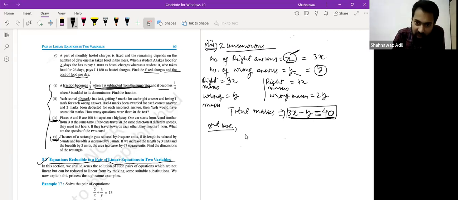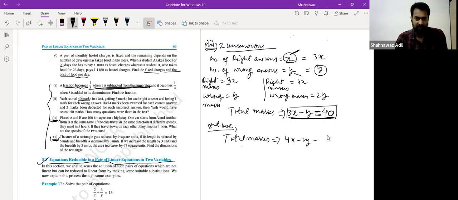So the second case will be what? Not minus. So this is deducted, so I will deduct it in the total marks. So 4X minus 2Y. So how much mark did you obtain, Adil, for this scenario?